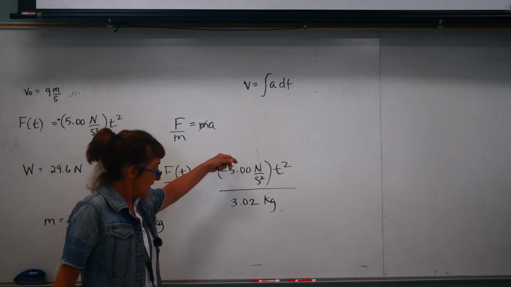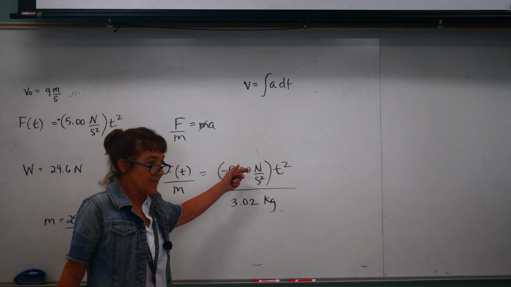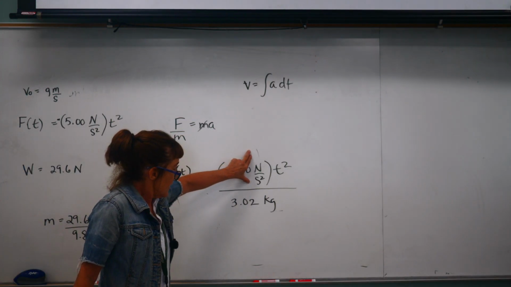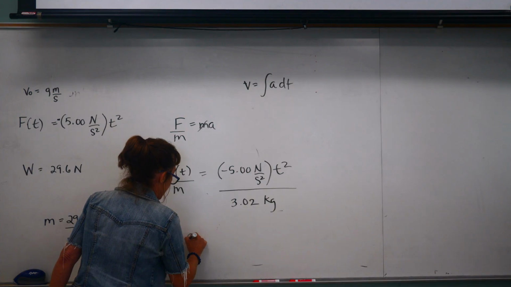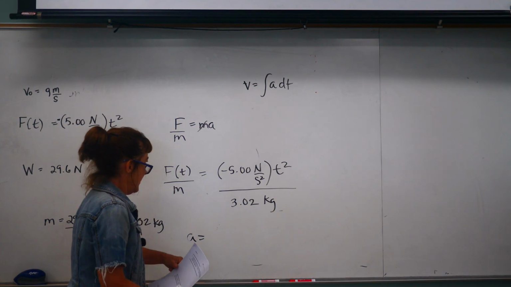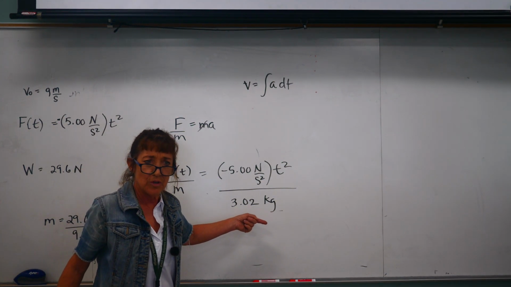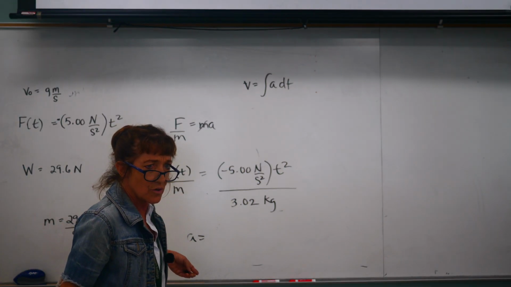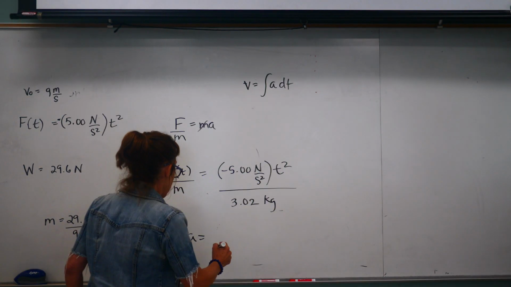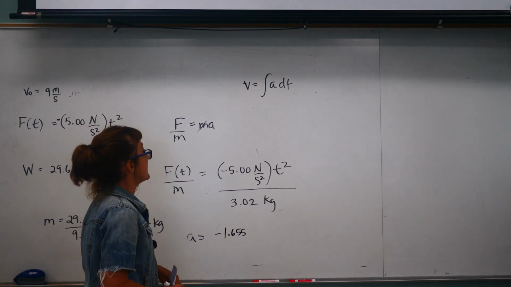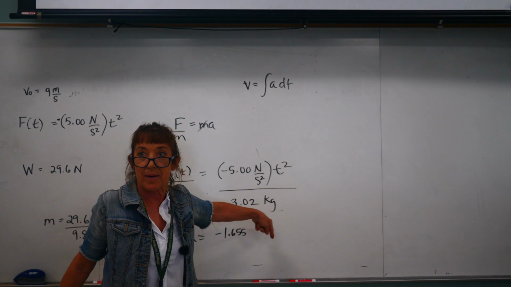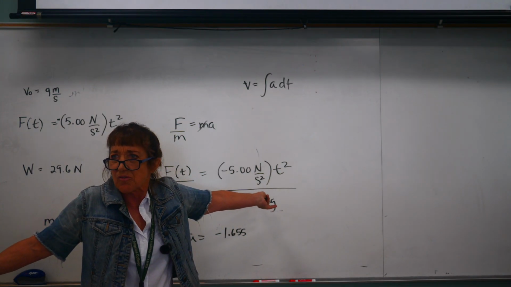All right, so let's look at this for a minute. Does anyone have the value of 5 divided by 3.02? Negative 1.655. Okay, negative 1.655. What are my units going to be? Newtons over second divided by kg? That's clumsy, right?